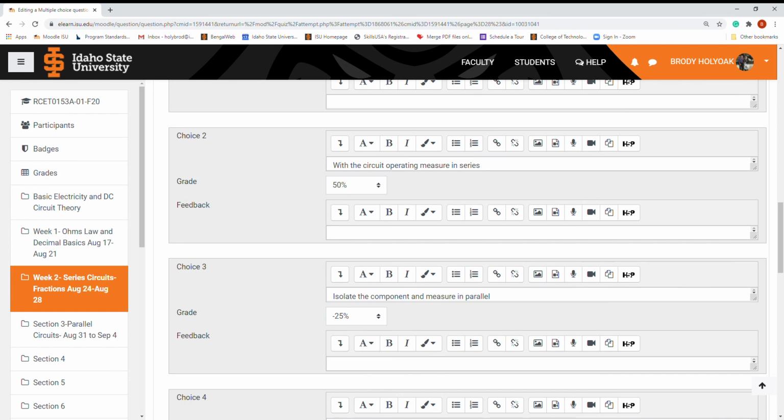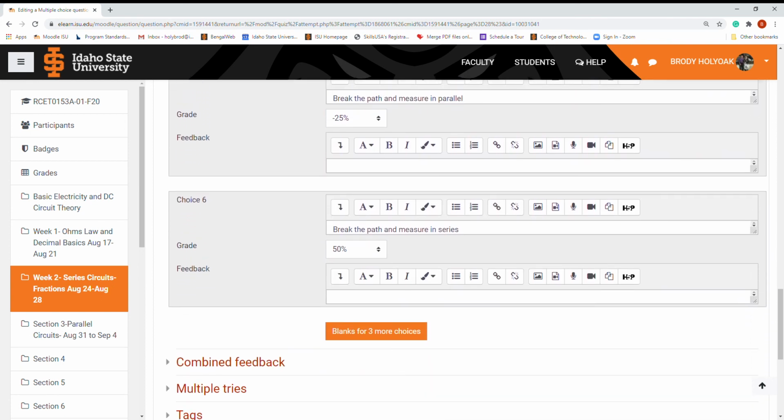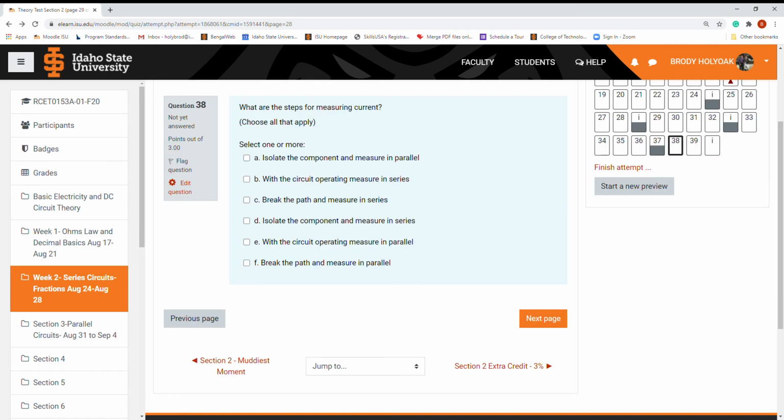If you isolate it, it's not connected to your voltage supply anymore. It's all by itself. So again, with the circuit operating, measure in series, and break the path to measure it in series. But it has to be in operation. So measure and break both in series.